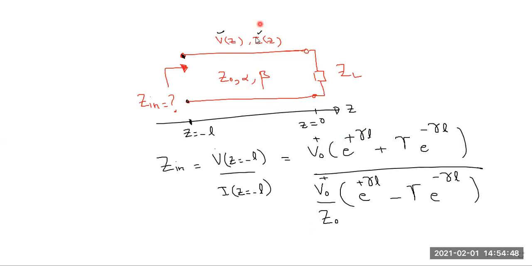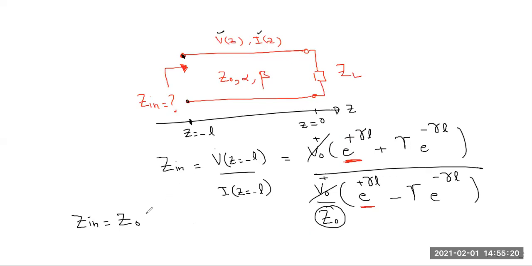Okay. Now you can simplify this expression. This will cancel out. So Zin, this Z0 can be shifted to the numerator. And then you can take e to the power plus gamma L as common in the numerator, and similarly you can also take e to the power plus gamma L as common in the denominator, and these common terms will cancel out.